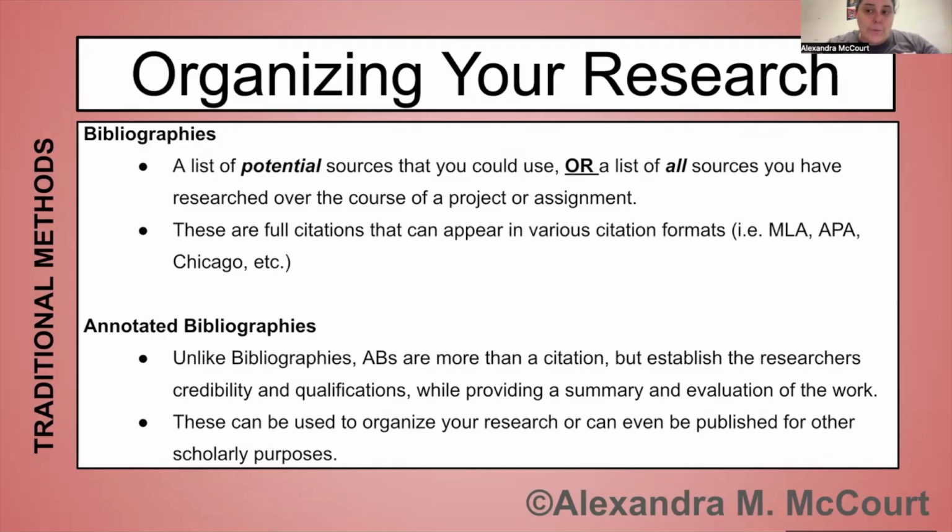A works cited page would only have the 10 that you utilized to craft or write your paper, whereas a bibliography is a list of all potential sources or all the sources that you have researched thus far. So two very important distinctions there.